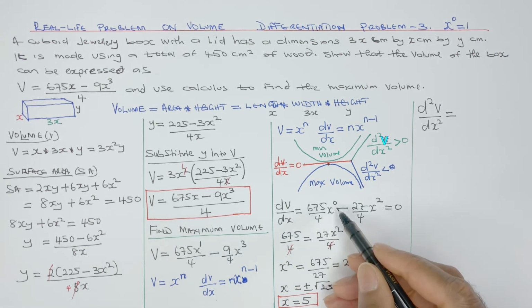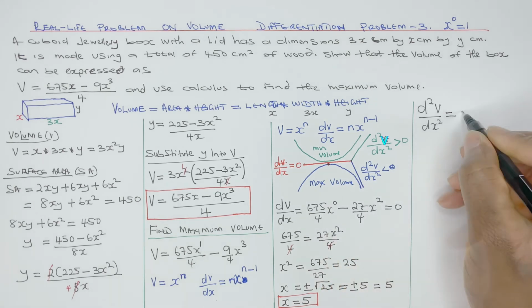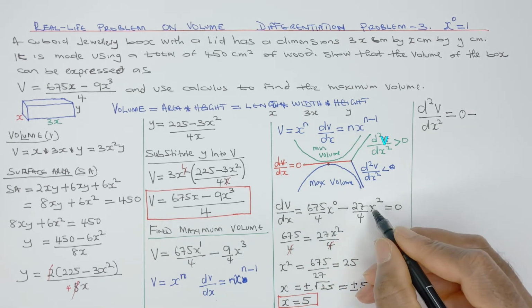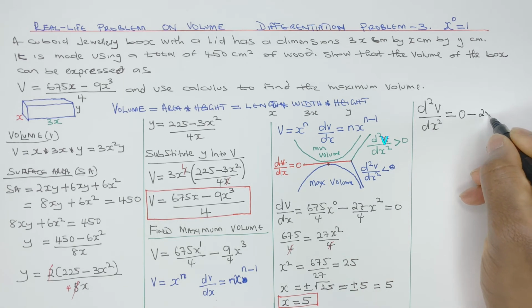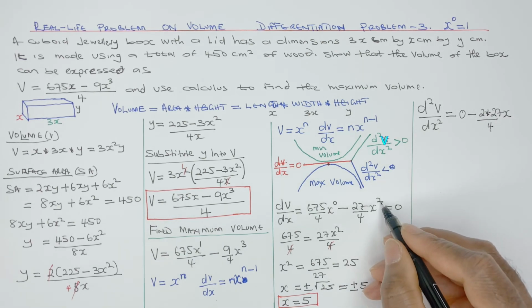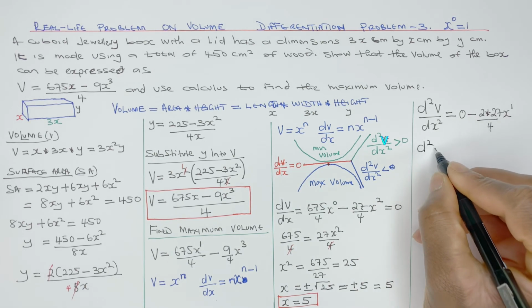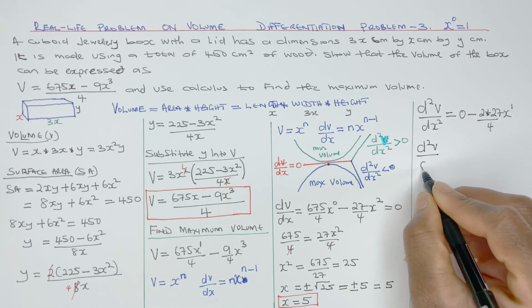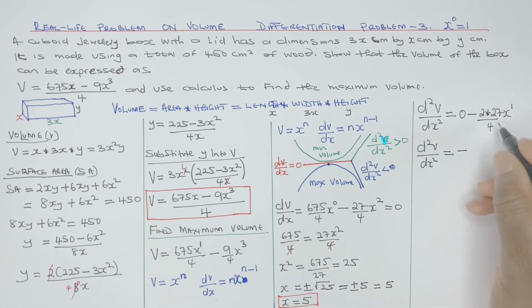That will be 0 for the constant here, minus 2 times 27 over 4, x to the power 2 minus 1, 1. Therefore, d2V/dx squared will be equal to minus, 2 cancels 1, 1.